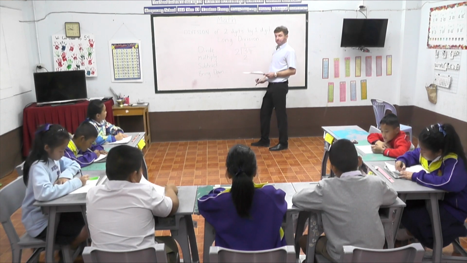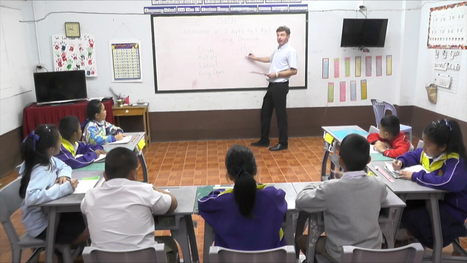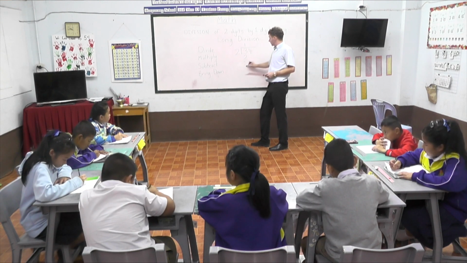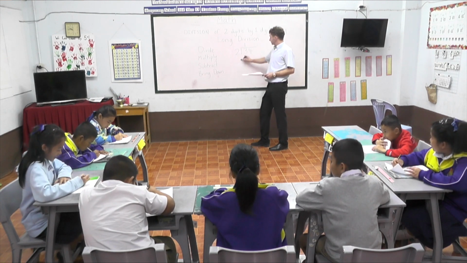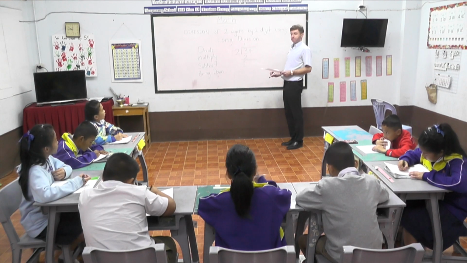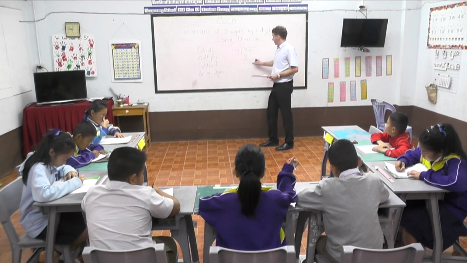Okay? 3 minus 2 equals 1. Okay? And then what's step number 4? Bring down 4.